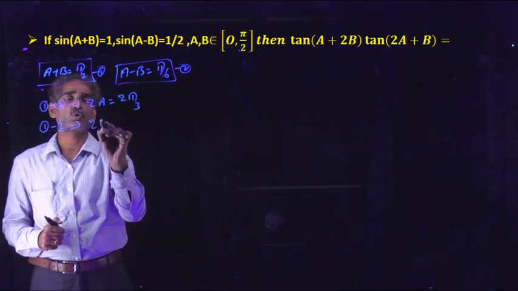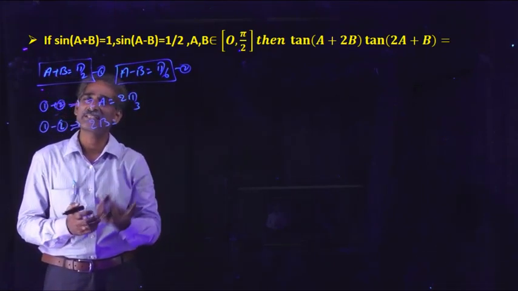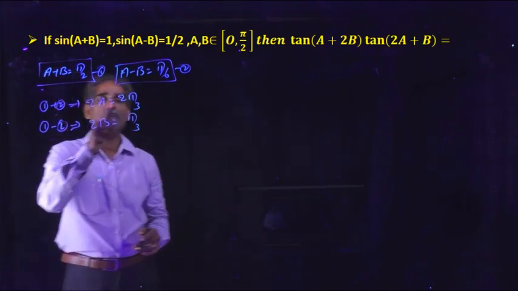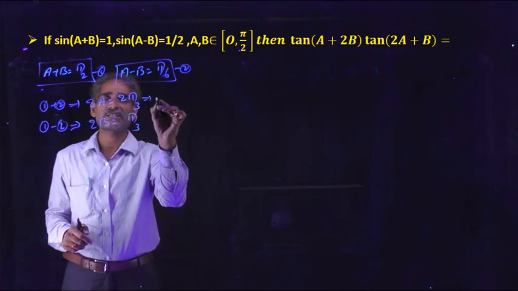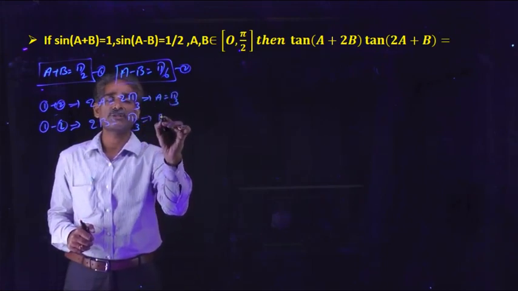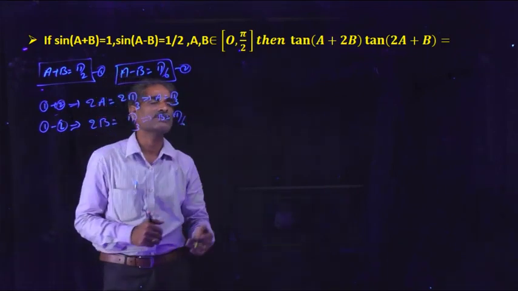It will give 2b is equal to pi by 2 minus pi by 6. 90 minus 30 is 60 degrees, that is equal to pi by 3. Here 2a equal to 2 pi by 3, from this a is equal to pi by 3, and 2b equal to pi by 3, b is equal to pi by 6. Just substitute these values in this expression.